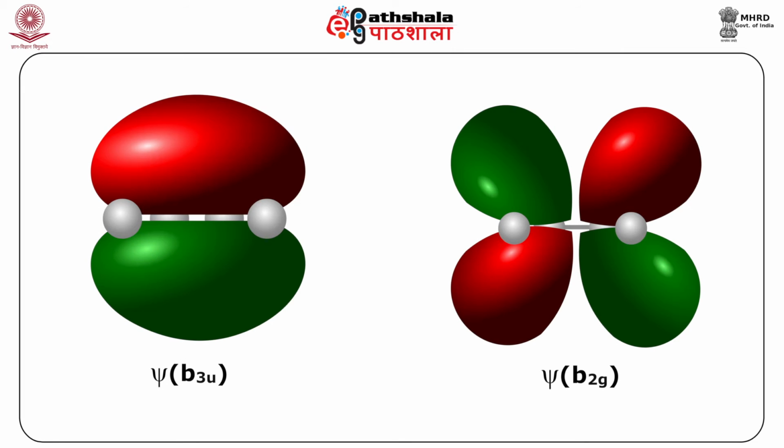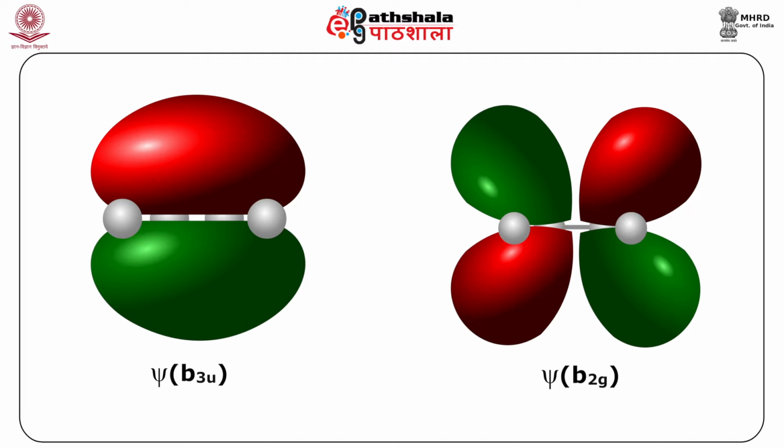These two wave functions are shown in the figure. You can see the projection in the YZ plane is also shown. Psi B3u, you see, is a bonding orbital because the electron density is spread. If you take the maroon color as the positive lobe, the green color is the negative lobe, and both the lobes are delocalized over the 2 carbon atoms.